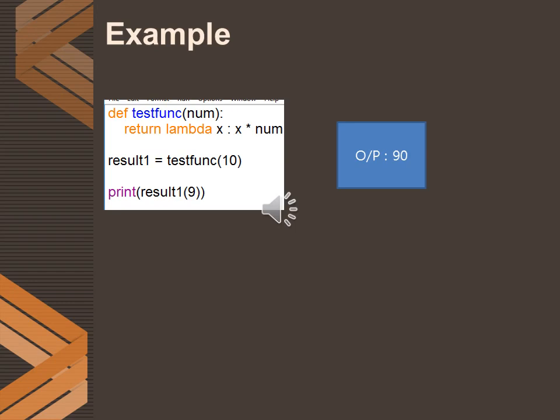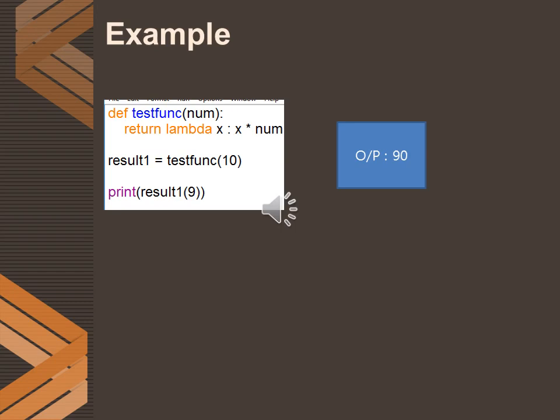So when we pass an argument 9 to result1, 9 will go to the argument which is passed in the lambda function, that is x, and num is passed as 10 from the above statement test_func(10). So when 9 is the parameter passed to the lambda function and 10 is the value for num, the output will be equal to 90.